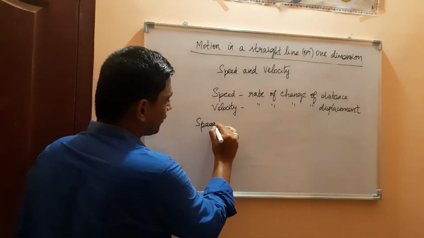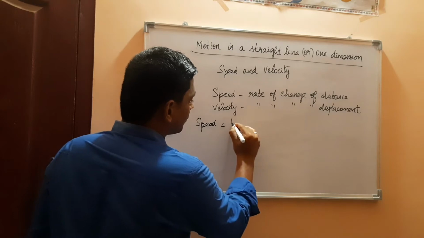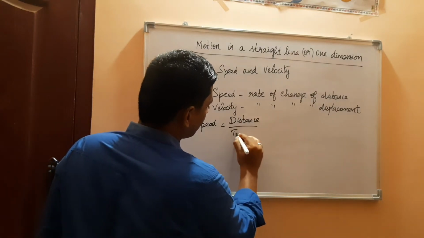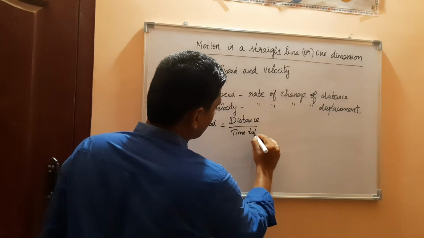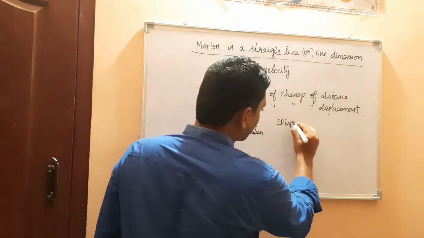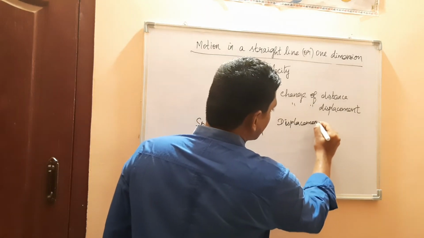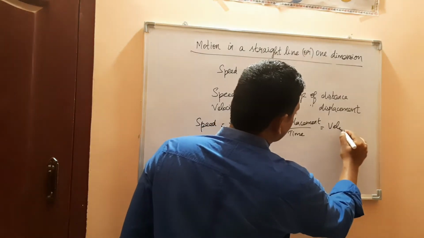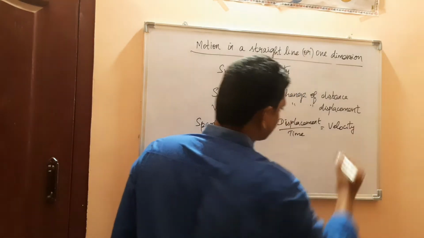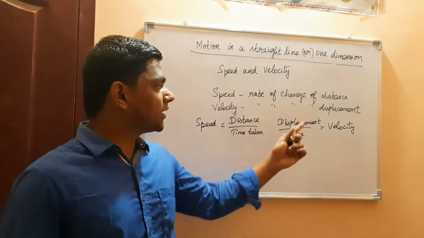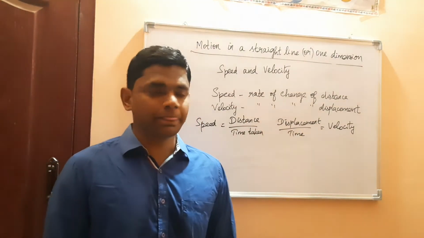Here is the formula for speed: distance by time taken, and displacement by time taken gives you the velocity. As I have mentioned earlier, speed is a scalar quantity and velocity is a vector quantity.